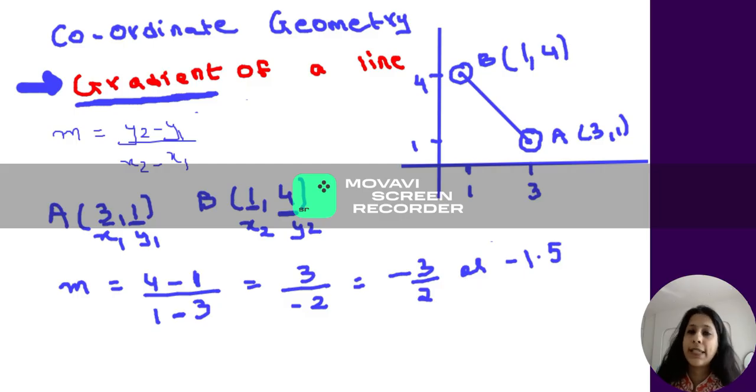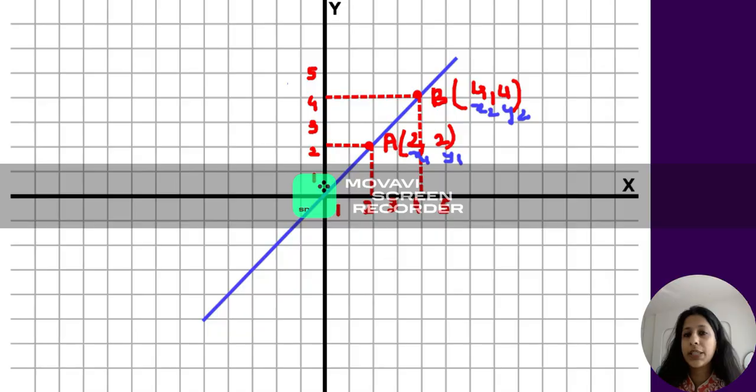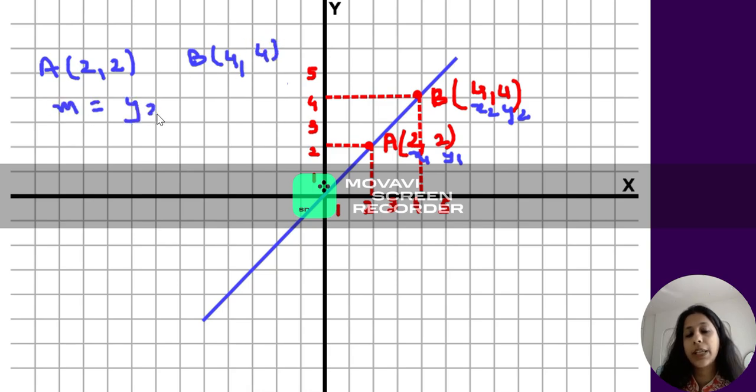Okay, now let's take one more example. I have this line, I have labeled 2 points here. The point A is labeled as 2 comma 2 and the point B has coordinates 4 comma 4. Let's again find out the gradient here. The gradient again is y2 minus y1 upon x2 minus x1.